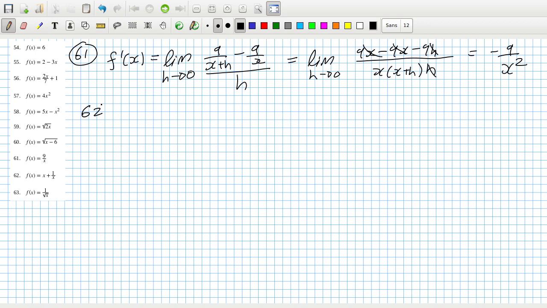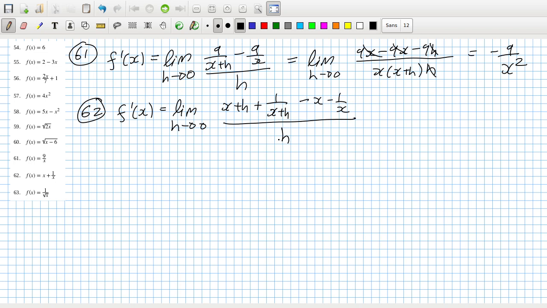62, that's going to be f dash x equals the limit as h tends to 0 of x plus h plus 1 over x plus h minus x minus 1 over x all over h. Well, that's convenient that the x's cancel. And we'll get here the limit as h goes to 0.